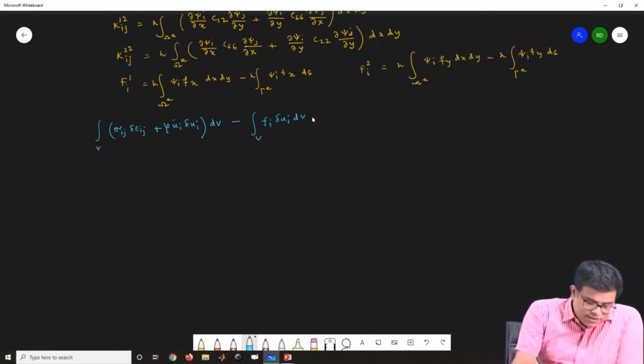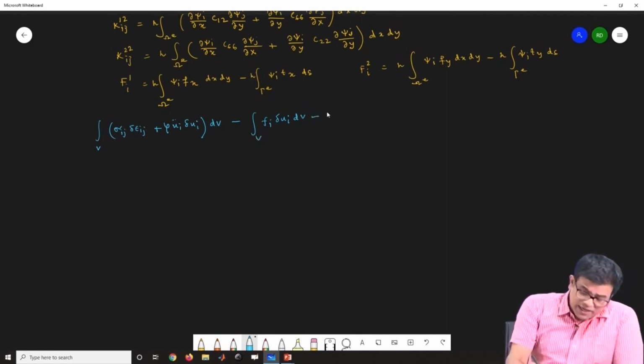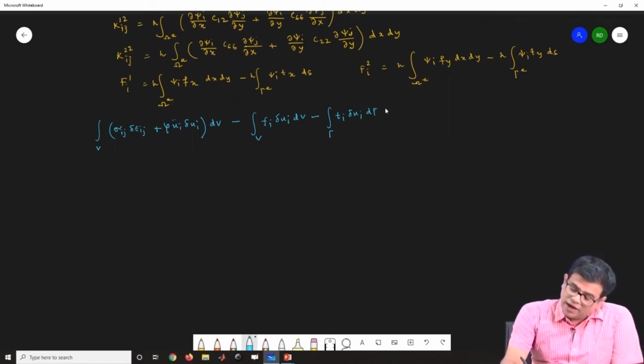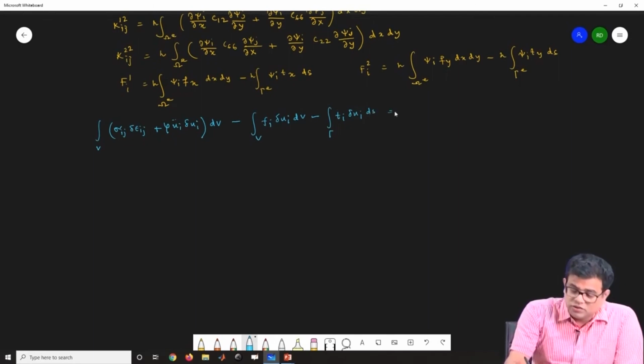Then minus ti into delta ui, the traction contribution over gamma, ds or d gamma, whatever you call it.